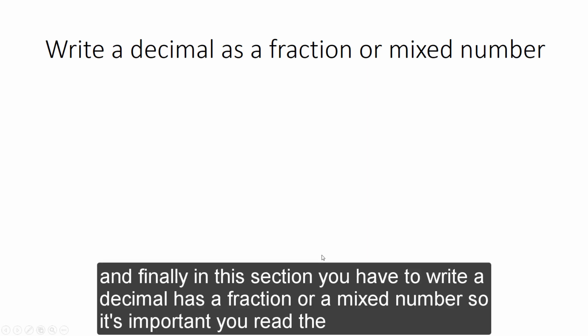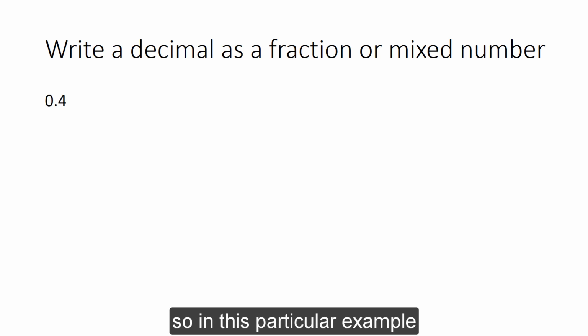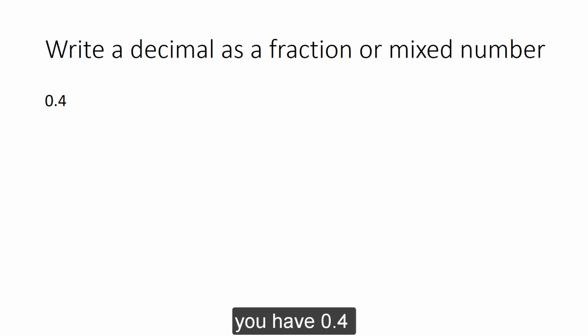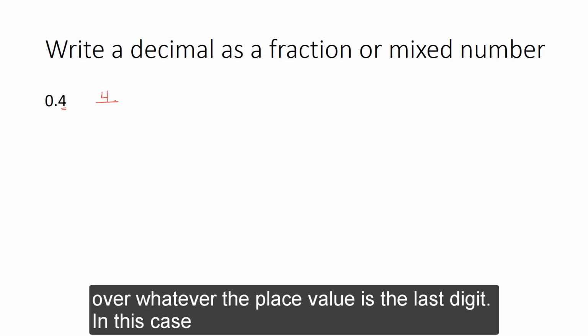And finally, in this section, you're going to have to write a decimal as a fraction or a mixed number. So it's important you read the question to make sure that you answer the question being asked. In this particular example, you have 0 and 4/10, or you would just call this 4/10. So you take the number that you see after the decimal point, that is going to be the numerator, and it'll be over whatever the place value is of the last digit.